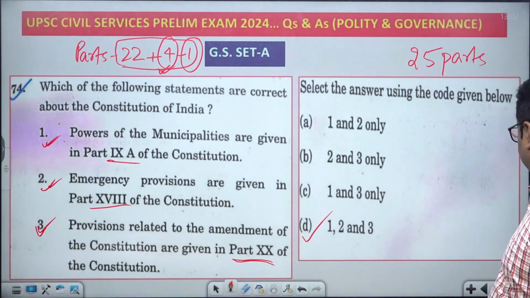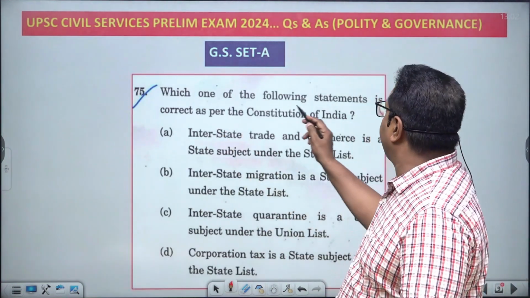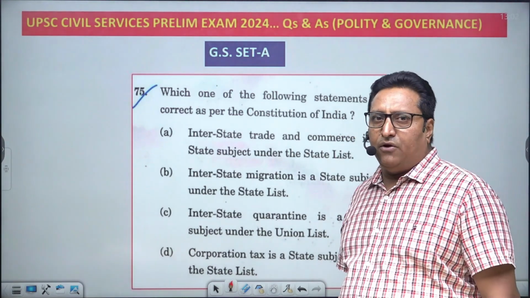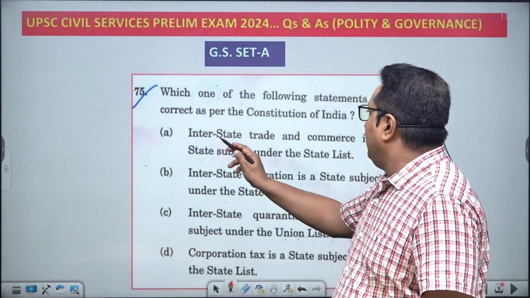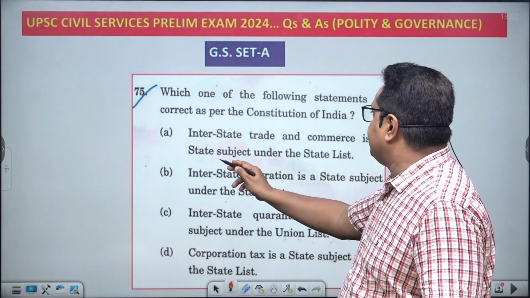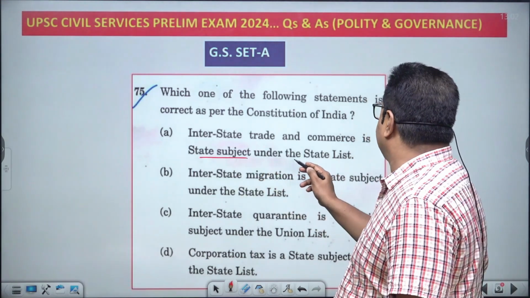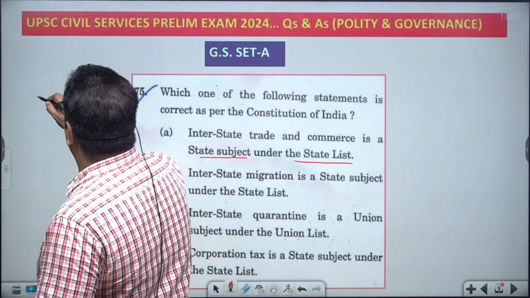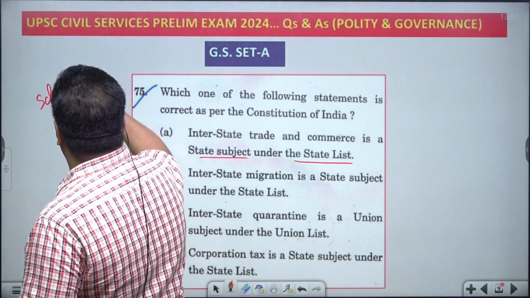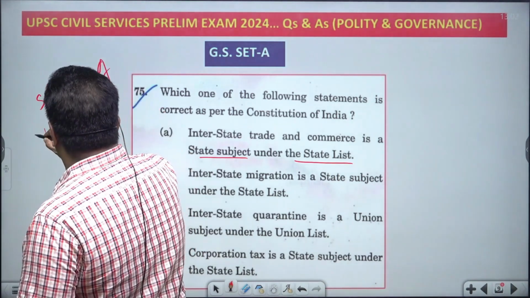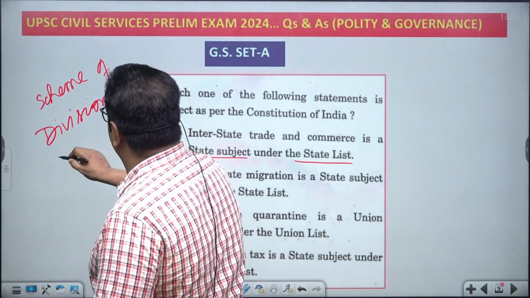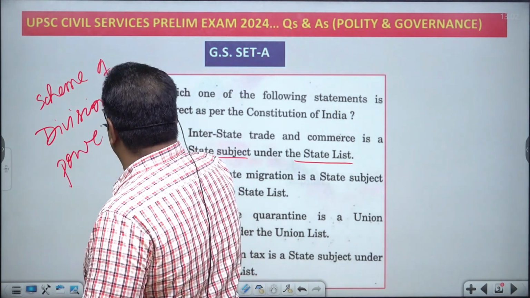Okay. Next question is, which one of the following statements is correct as per the Constitution of India? Now here, there is a trick. Interstate trade and commerce is a state subject under the state list. So this question is from the scheme of division of powers.